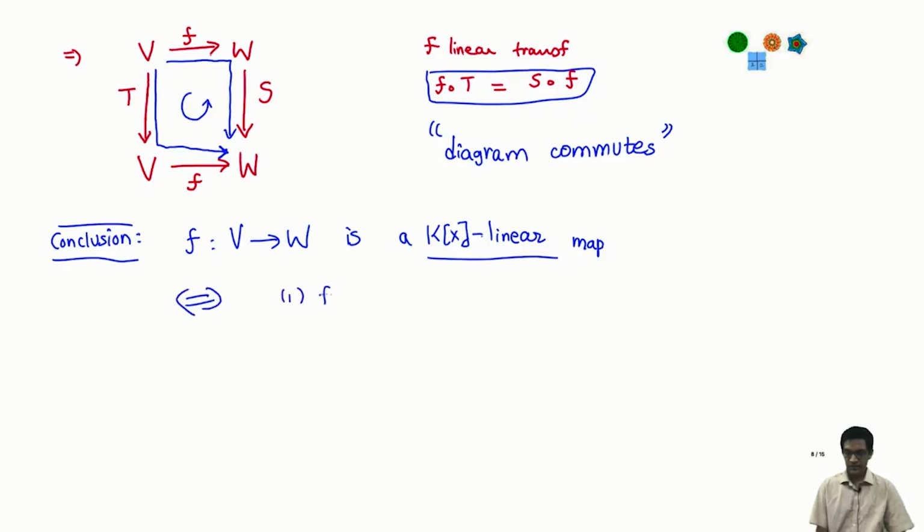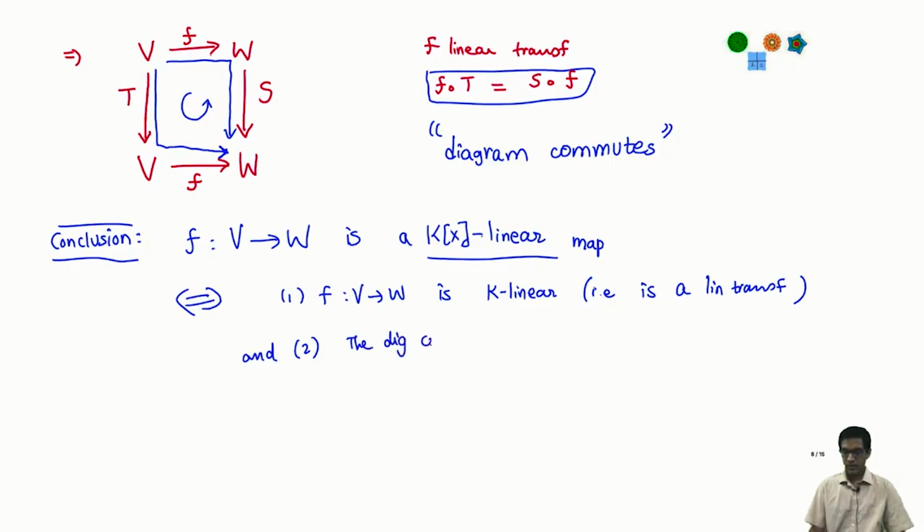Number one, f from V to W is k linear; in other words, it's a linear transformation of these vector spaces. And property two, it makes the diagram commute. What diagram? The one that I just drew: V to W, V to W, with maps f, T, S. This diagram commutes.